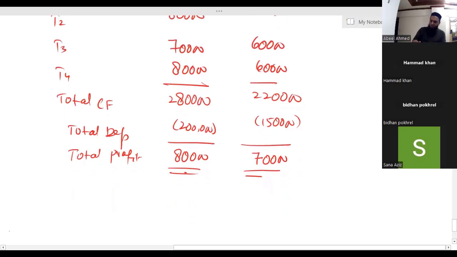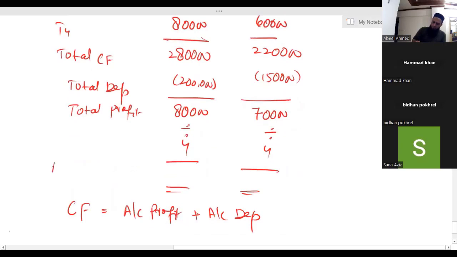So we need average annual accounting profit. So simply divide this by 4. Average annual accounting profit, 20,000. I think 17,500.